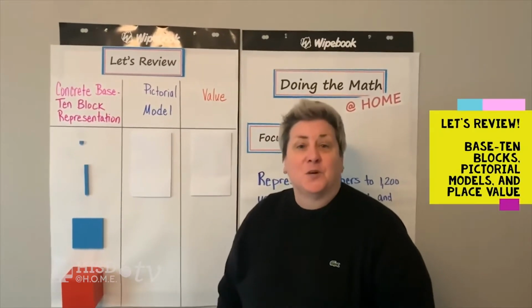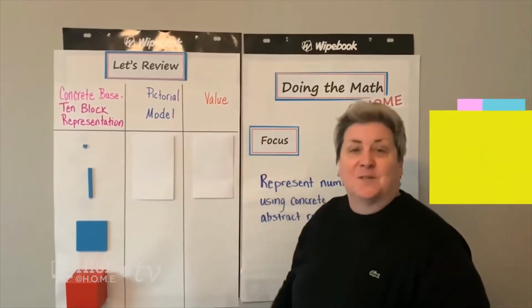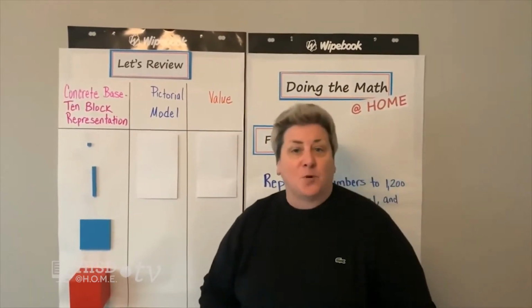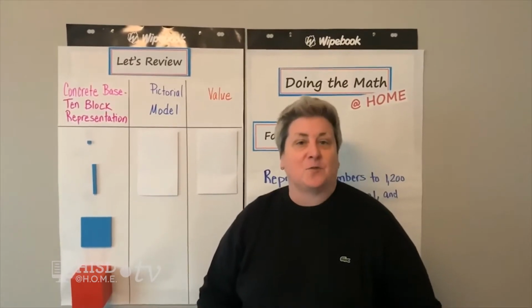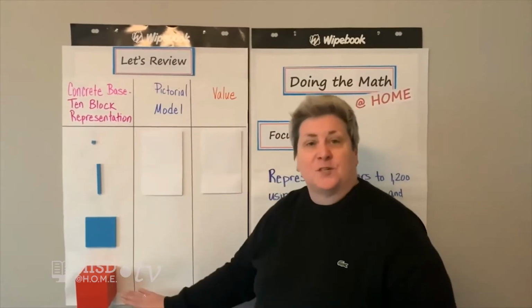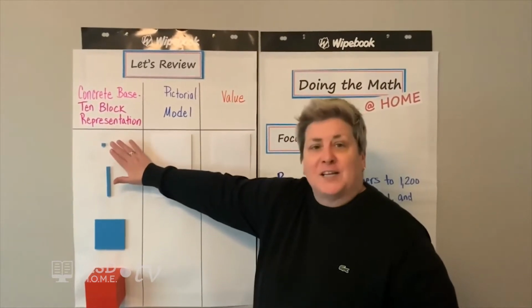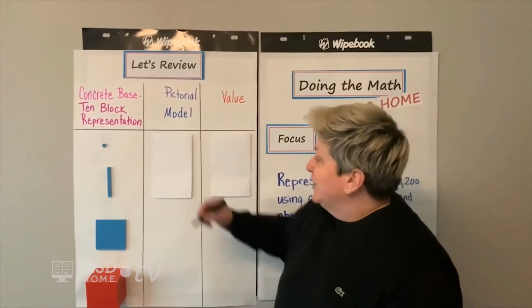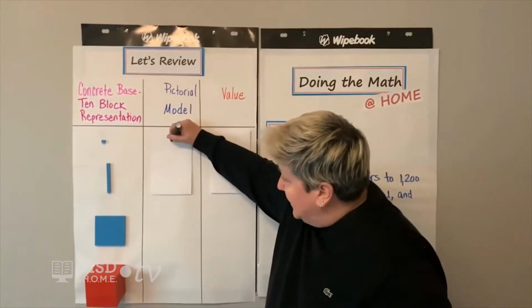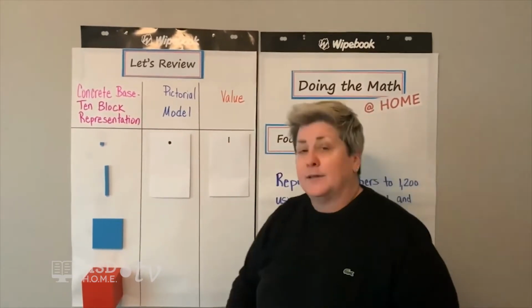Let's review our base 10 blocks, their pictorial representations, and the values they represent before we get into figuring out standard form, expanded form, and word form. So we can see that we have 4 different base 10 blocks available to us. Our first base 10 block is a unit. It can be represented with a dot, and it has a value of 1.